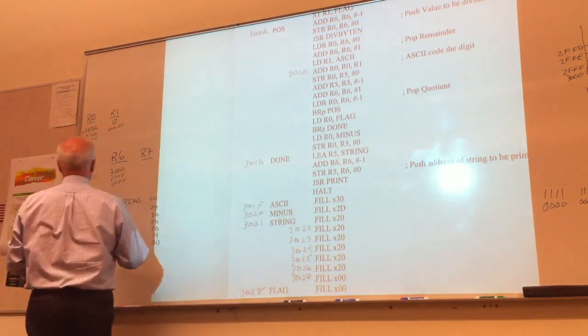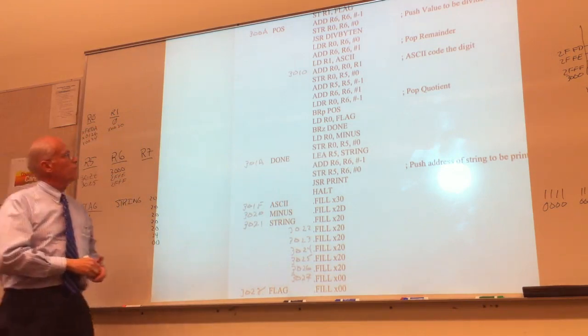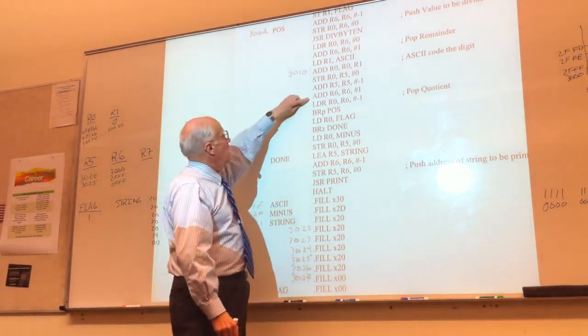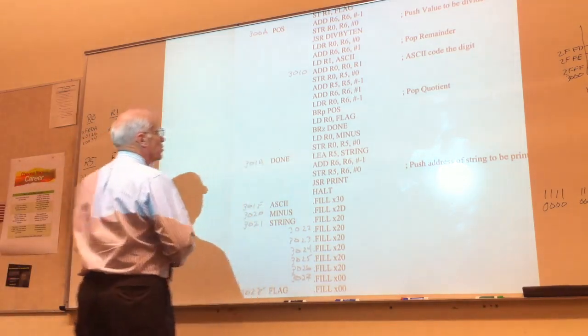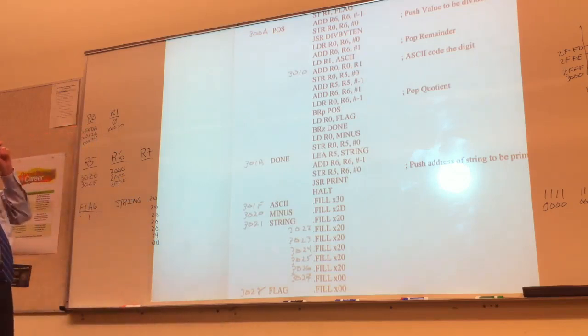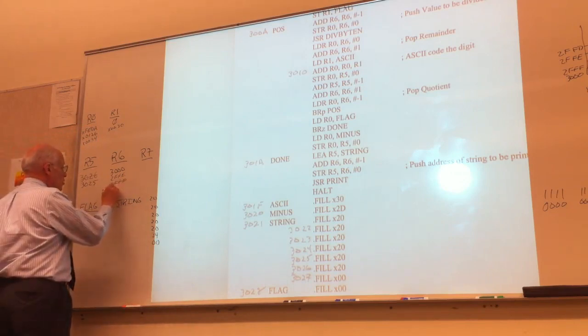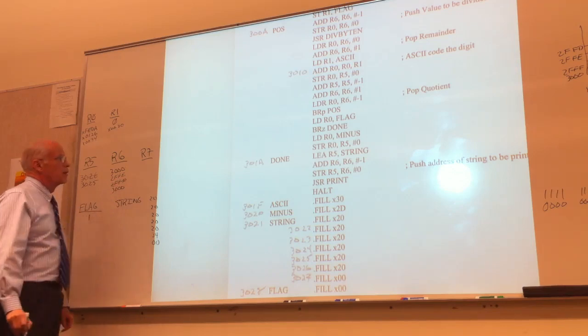Subtract 1 from register 5. So now we get here 3025. Add 1 to register 6, which gets us down to here.